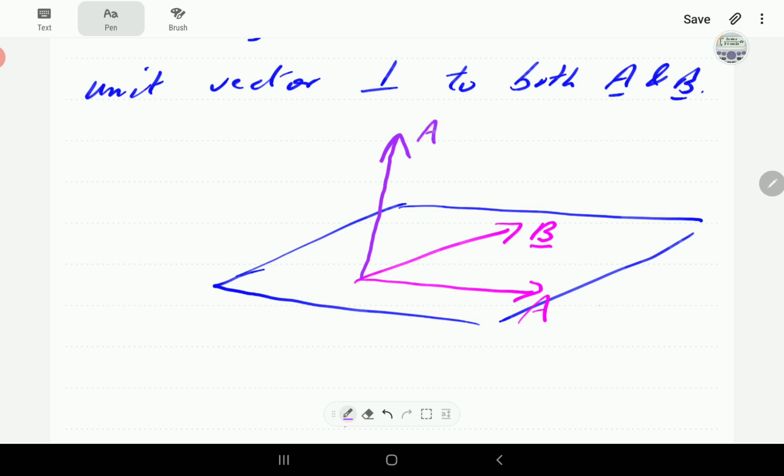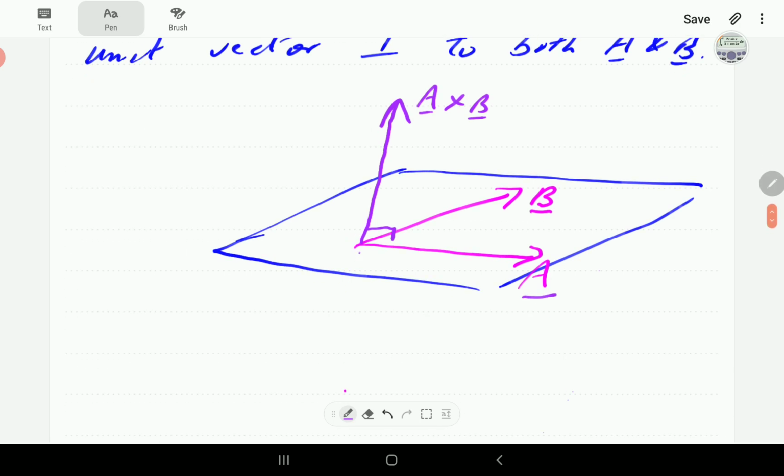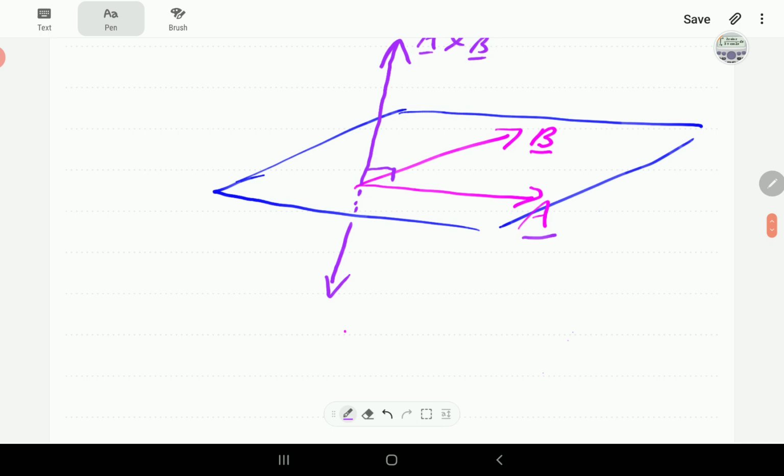So that is going to be a cross b, a vector perpendicular to both a and b. And as we are going to see in a moment, if a cross b goes upwards, then b cross a is going to go downwards.